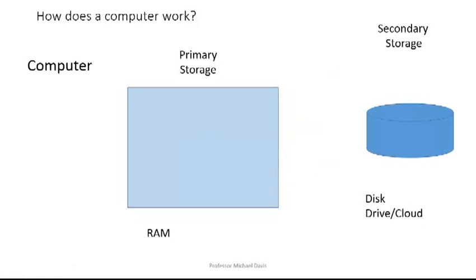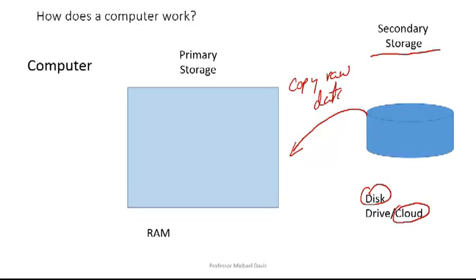Computers work very much the same way. If you were about to process some data, for example, you'd go to some secondary storage location again, except in this case it's called a disk drive, or you might be using cloud storage to store your data. And you would copy that raw data from that secondary storage location to a primary storage location.